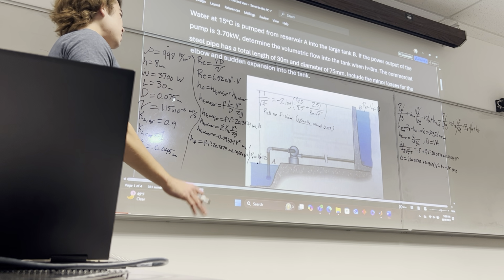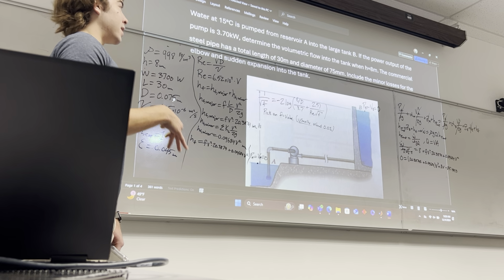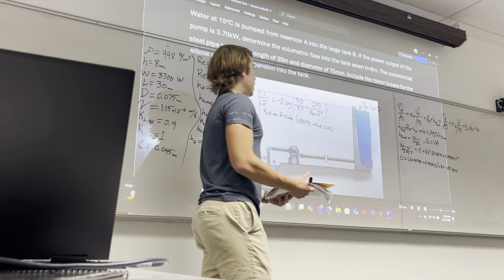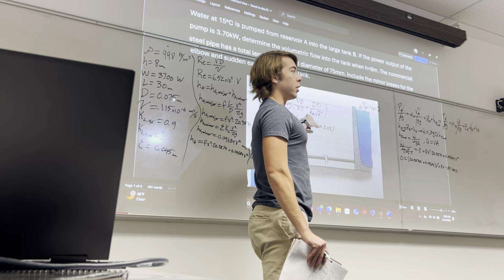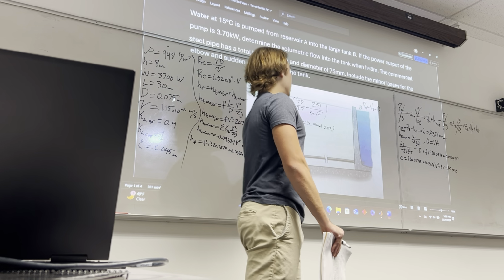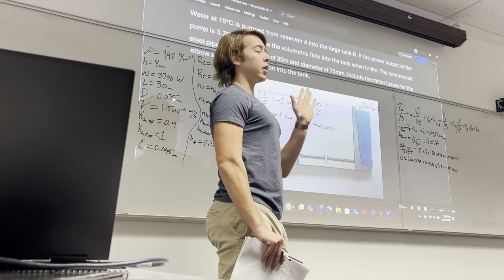But you can see, in order to pick a smart f value and iterate and get the actual f value, you need to know your Reynolds number. In order to know your Reynolds number, you need to know a velocity. So you're iterating over 2 different numbers, and it would be really hard.